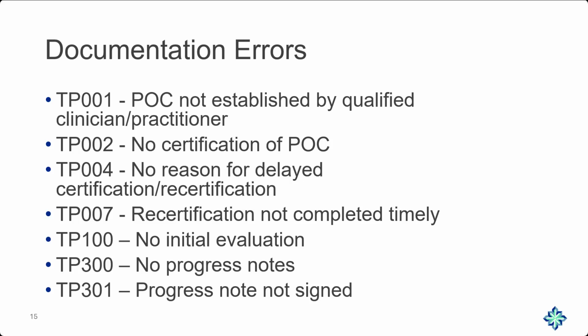I had Jennifer also place a link to the full list of these service type denial reason codes from CMS's website into the chat. So in case you would like to click on those, you can see the full list of therapy reason codes and statements.